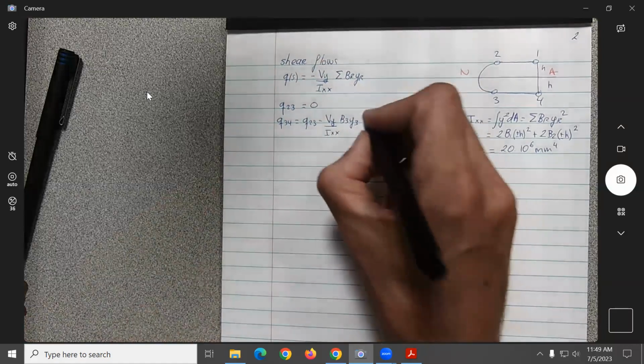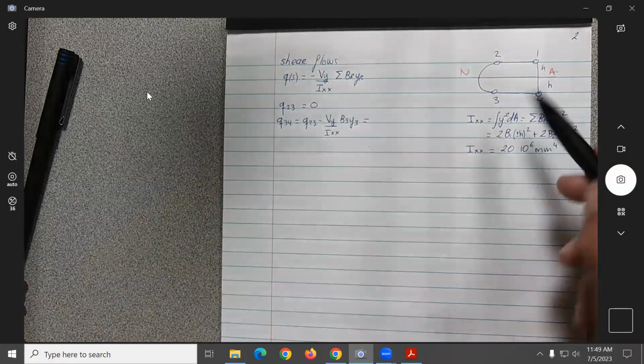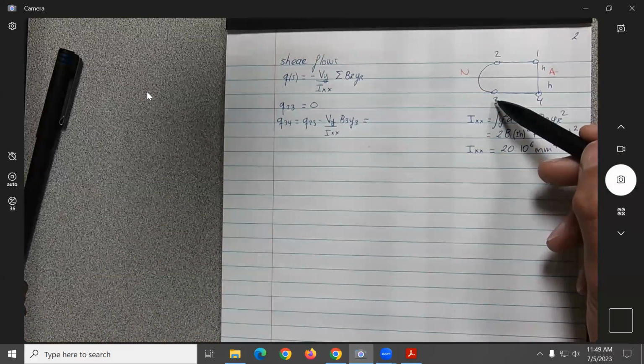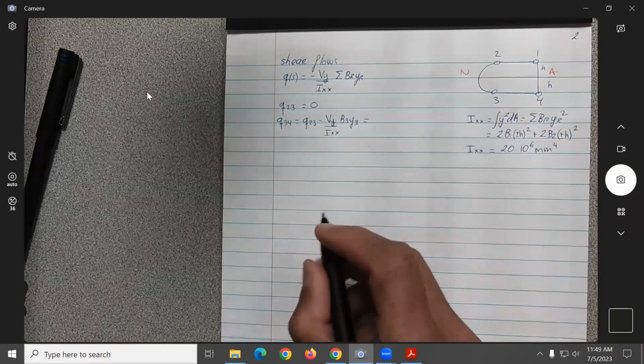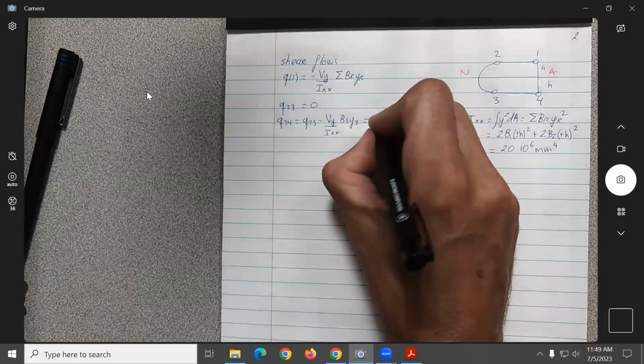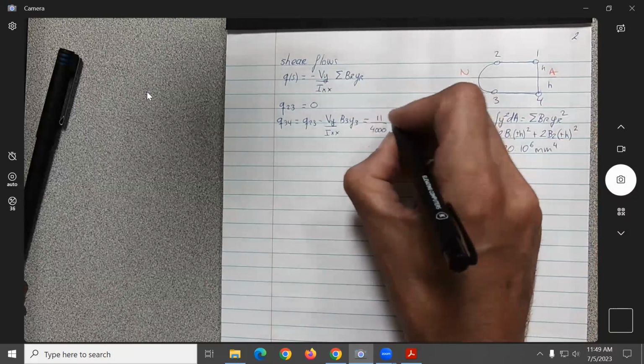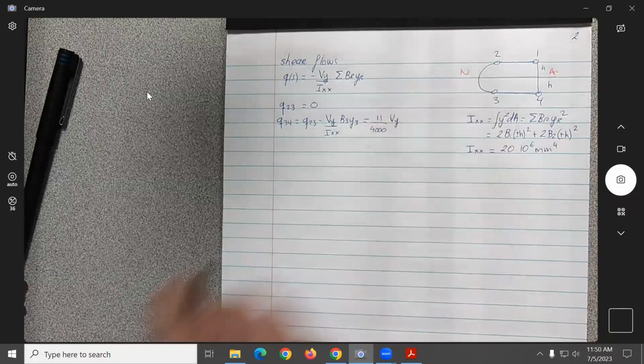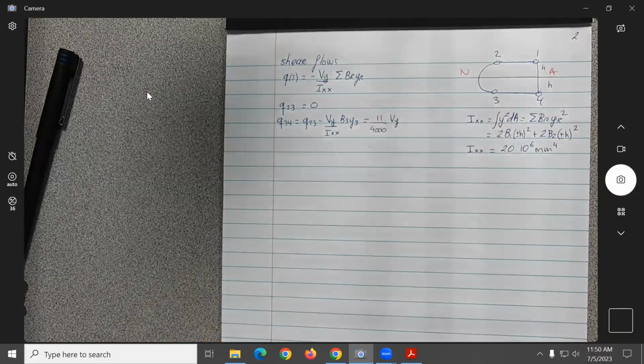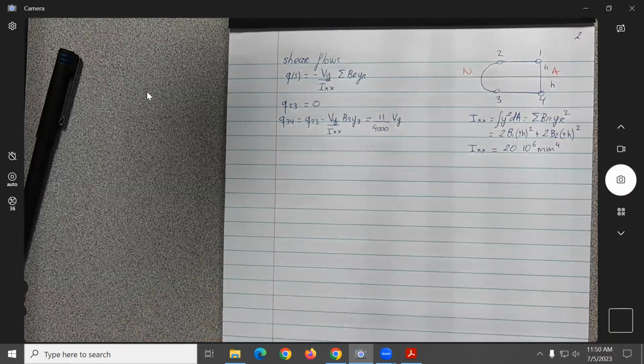And y3 should be negative, no? So negative, negative, positive. This will give you that this is equal to 11 over 4,000 Vy. Again, I recommend that you do MATLAB codes at home, no?